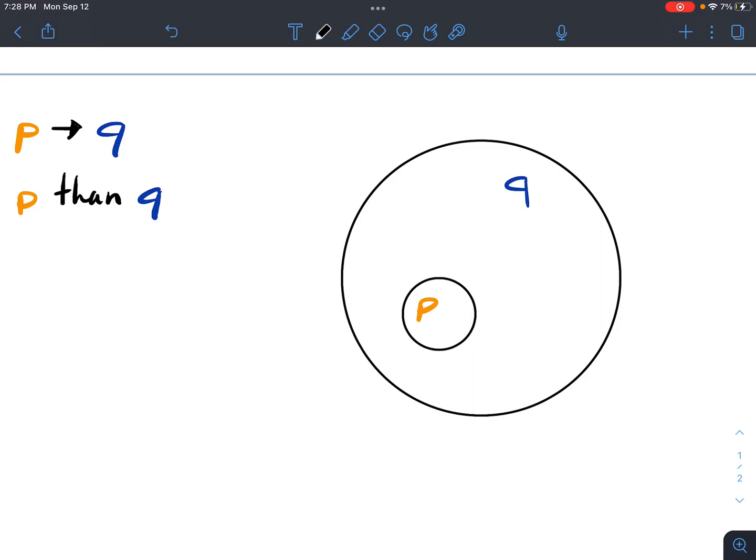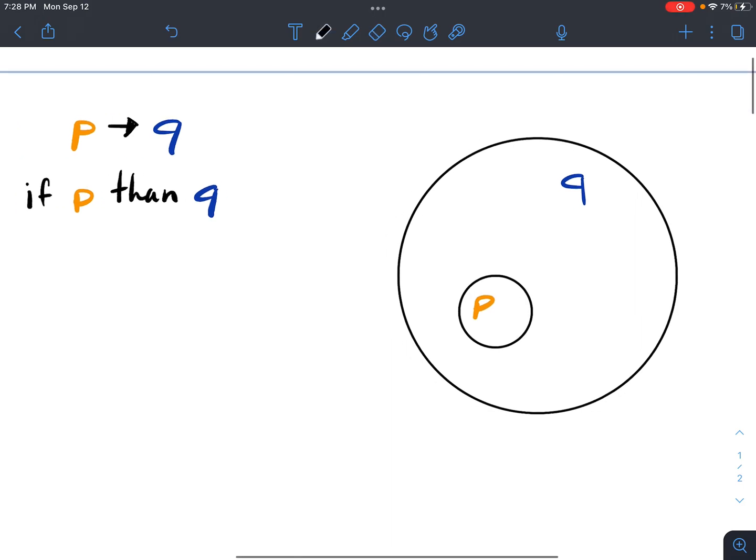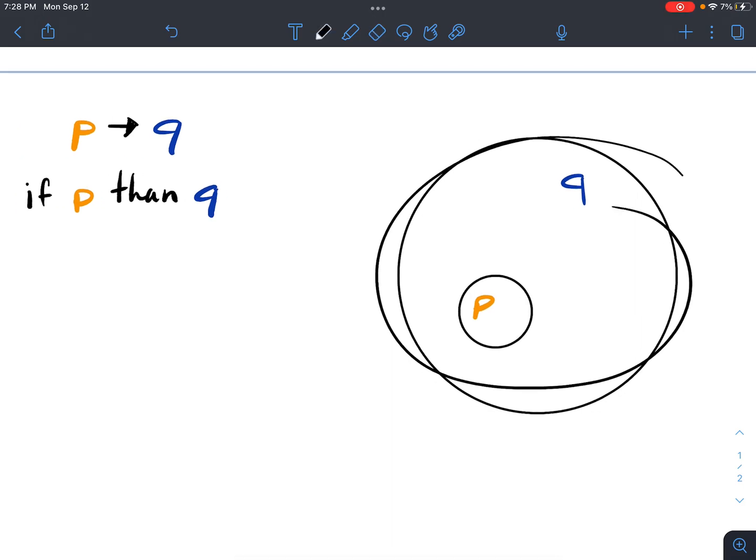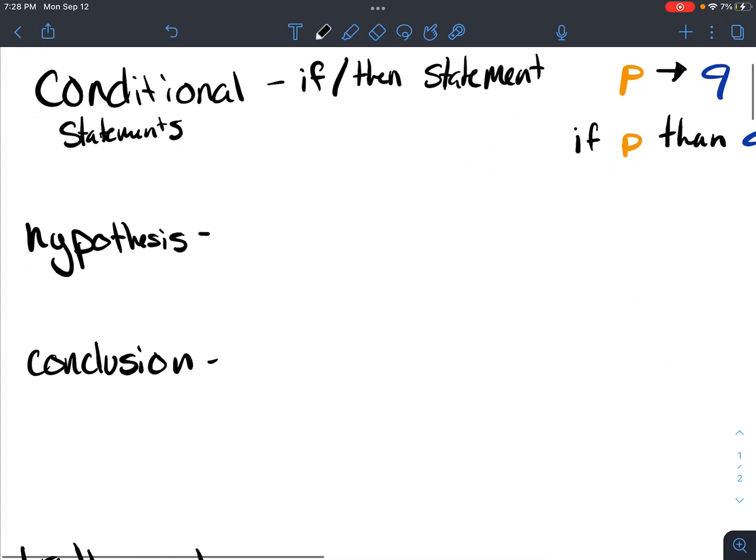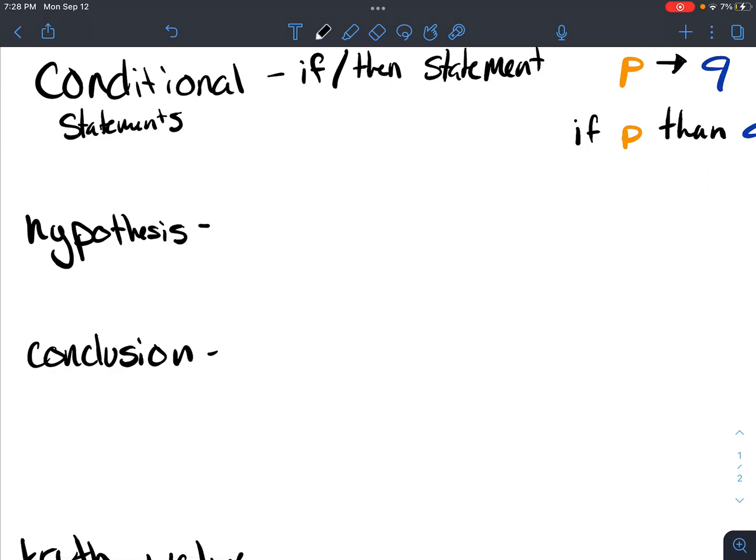And this is part of a Venn diagram. Typically we see Venn diagrams and they look like this, where there's only a crossover in the middle. This crossover is basically anytime there's P that there is Q. The other thing that we can draw from this is anytime that there's Q, there's not necessarily P. So let's talk about the hypothesis.